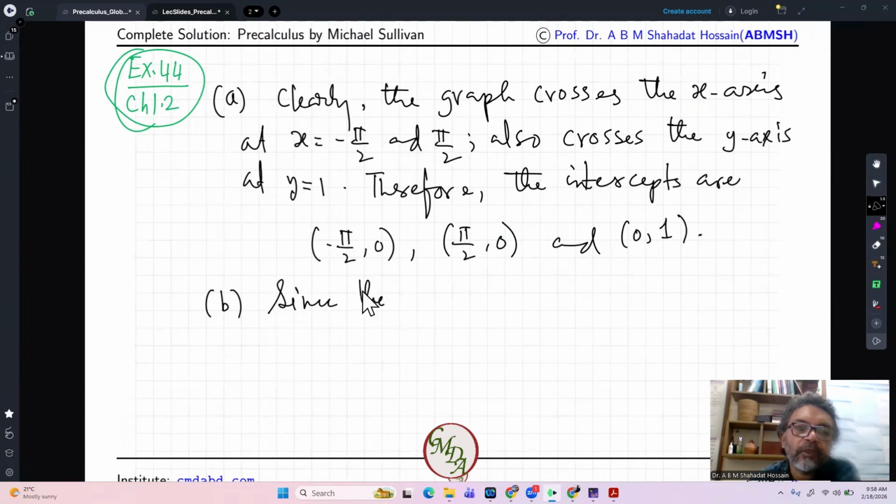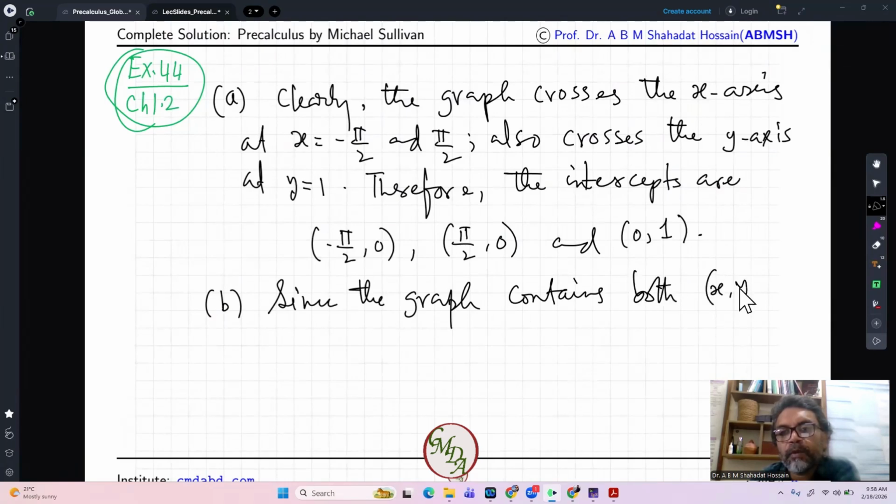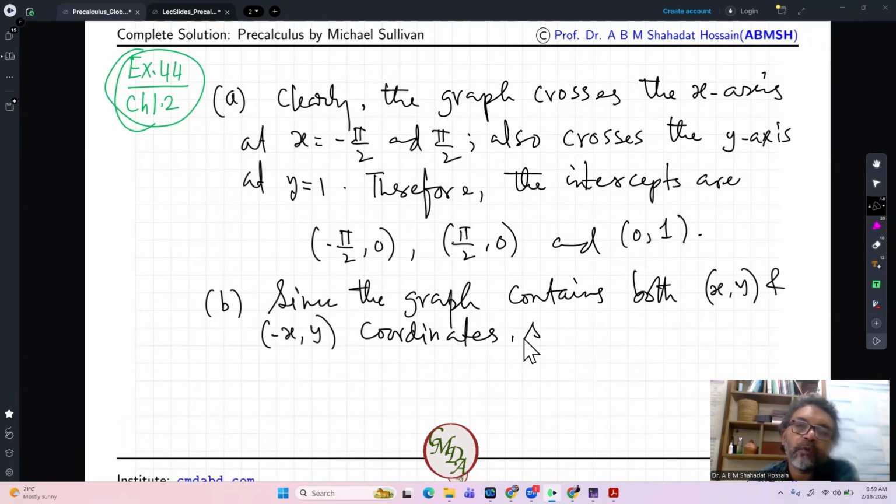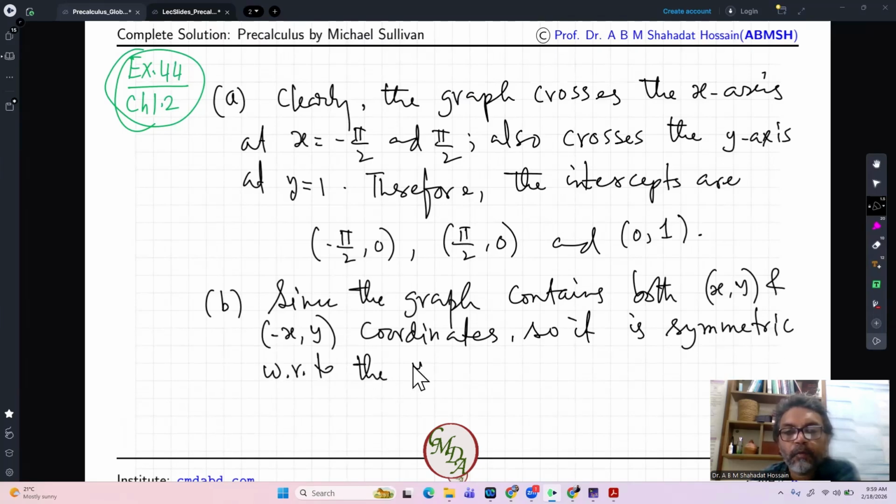Since the graph contains both (x, y) and (-x, y) coordinates, it is symmetric with respect to the y-axis only.